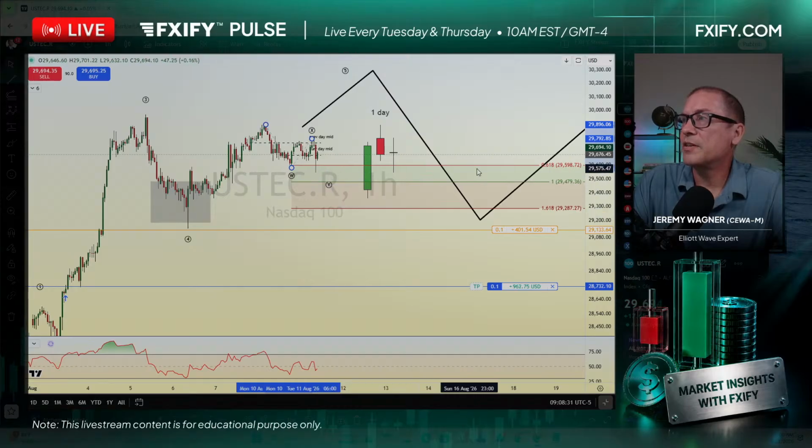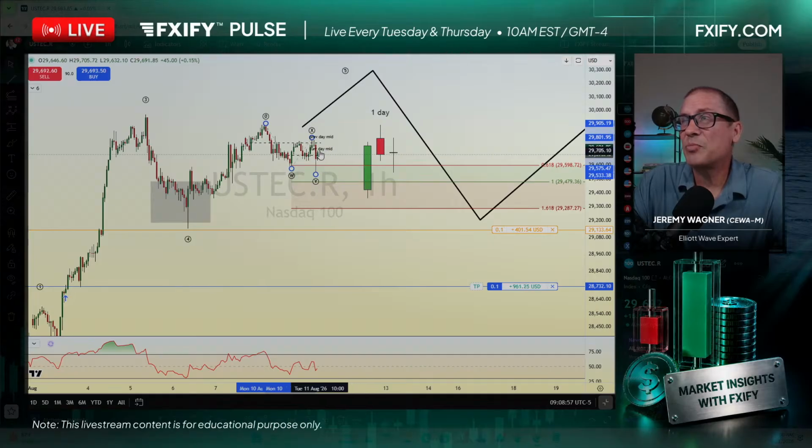And so this is where this next leg lower would be 618 of the length of this first leg lower. So it came down, wicked it, and then it's starting to rally higher. So it's possible that this could be the end of this little dip and that prices are getting ready to work themselves higher. I would give this maybe slightly better than 50-50 as to what's going on.